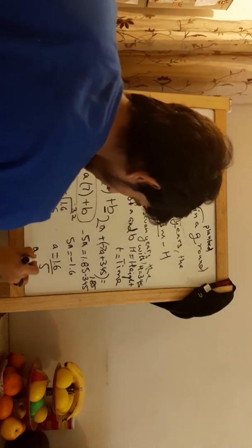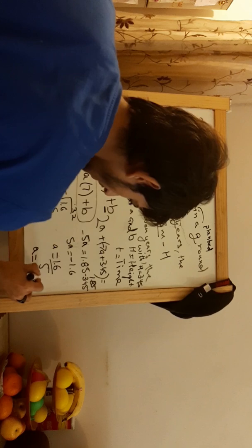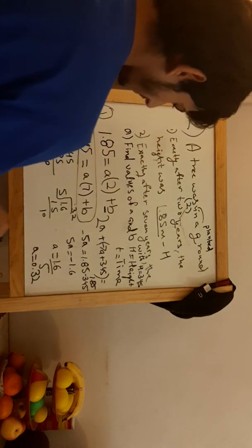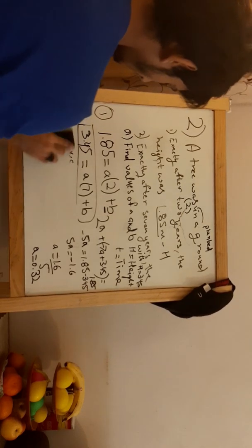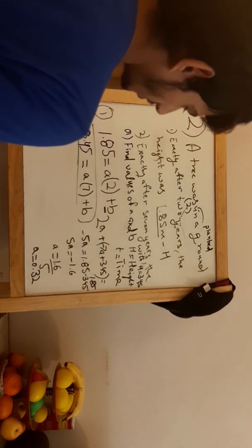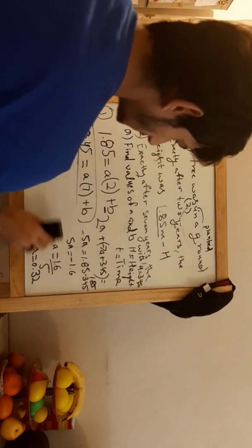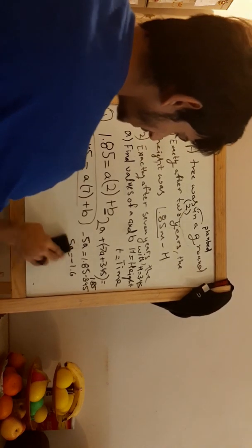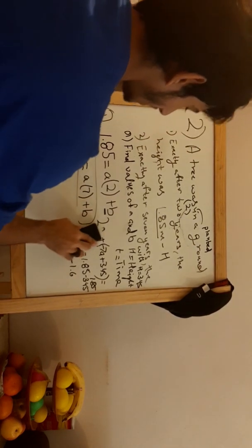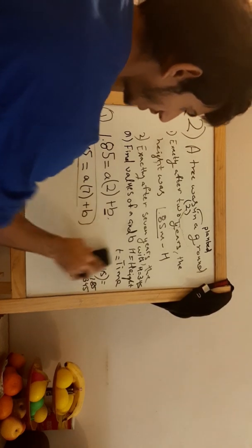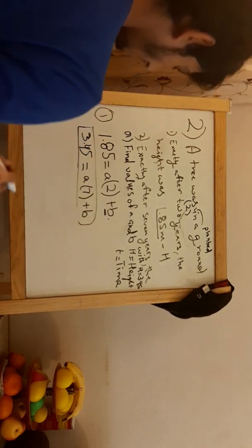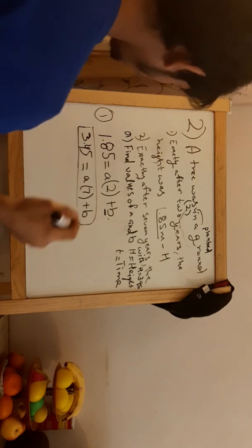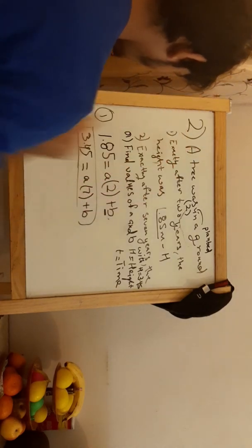A equals 0.32. So A is found now. Now you can substitute this value in any equation, because we have actually found the value of A, and now we can find B too.